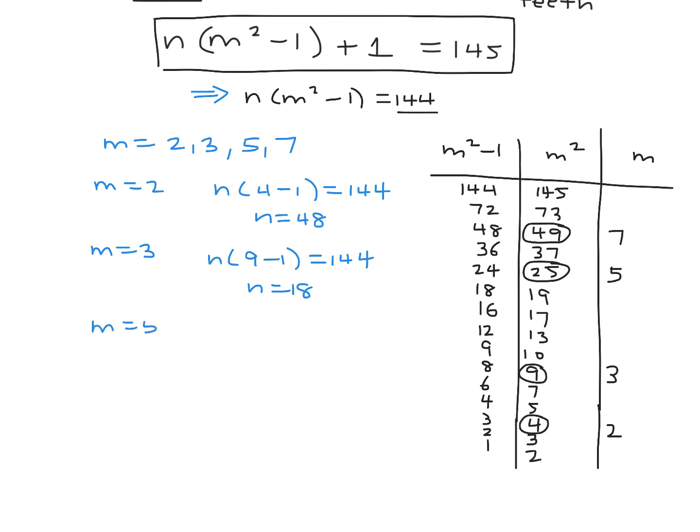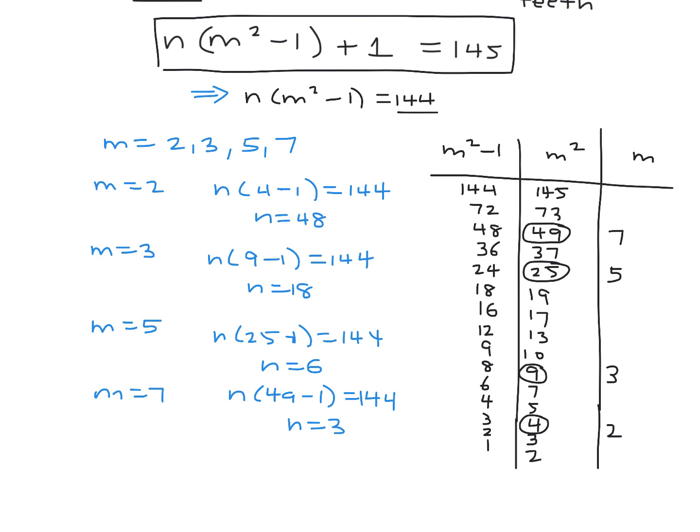If m is 5, that would be n times 25 minus 1 is equal to 144, and therefore n is 6. And finally, if m is 7, it would be n times 49 minus 1 is equal to 144, and therefore n is equal to 3.